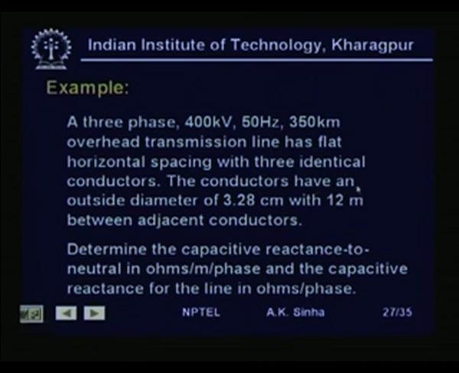The conductors have an outside diameter of 3.28 centimeter, and the distance between the adjacent conductors is 12 meter. Now, for this system, determine the capacitive reactance to neutral in ohms per meter per phase and the capacitive reactance for the line in ohms per phase.